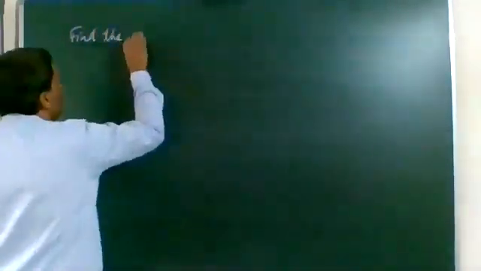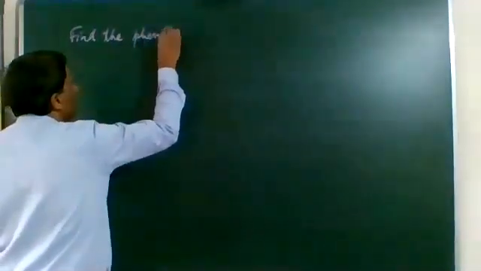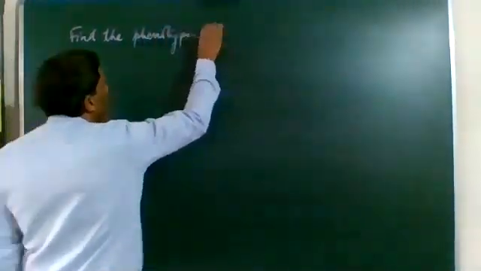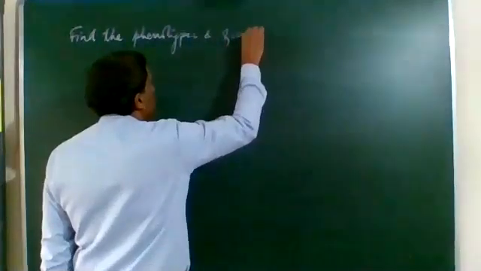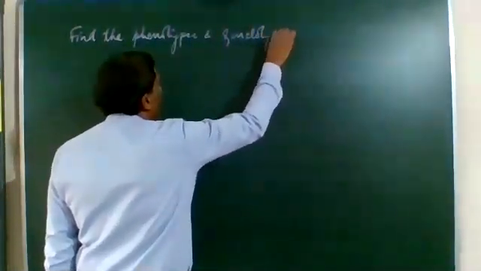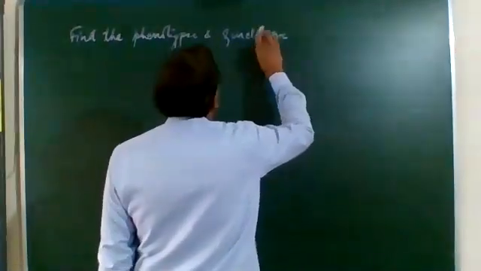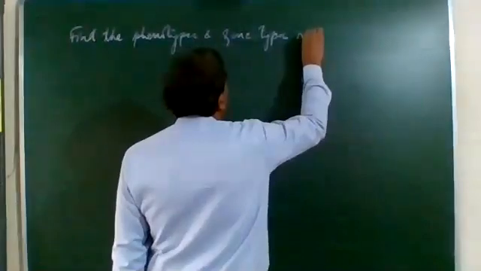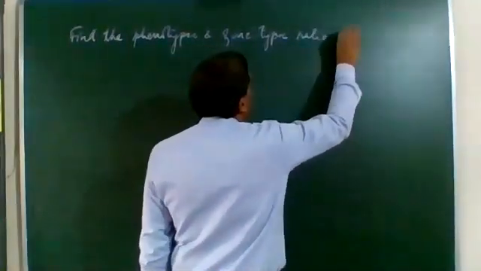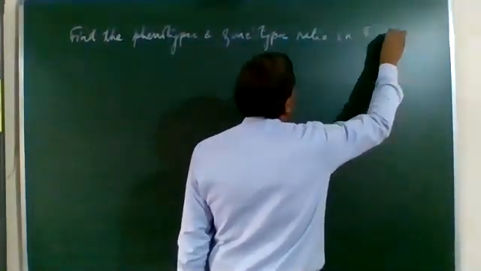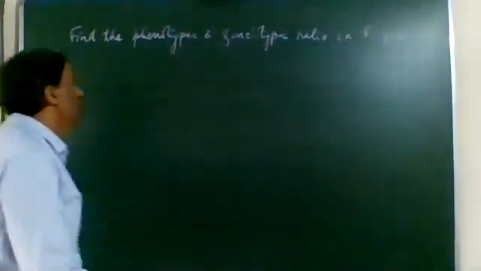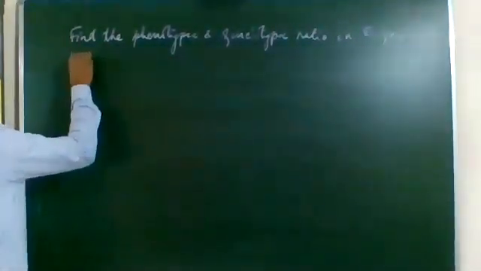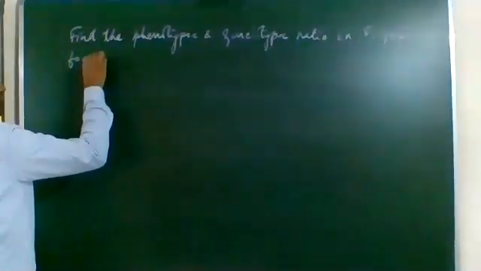A cross: find the phenotypic and genotypic ratio in the F1 generation for a dihybrid cross.